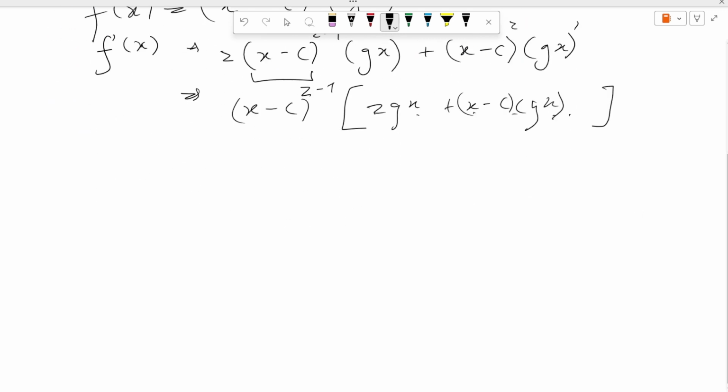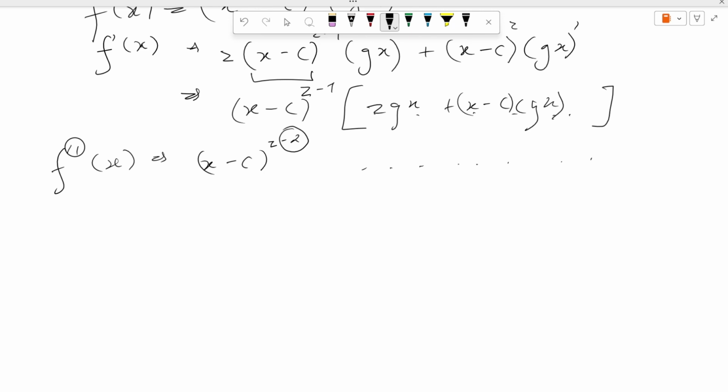Following this pattern, next time it would become a factor of x minus c to the a minus 2. So we can notice that the order of the derivative is equal to what is getting subtracted from the power. Now, as the next step, we keep differentiating and observe this pattern throughout.